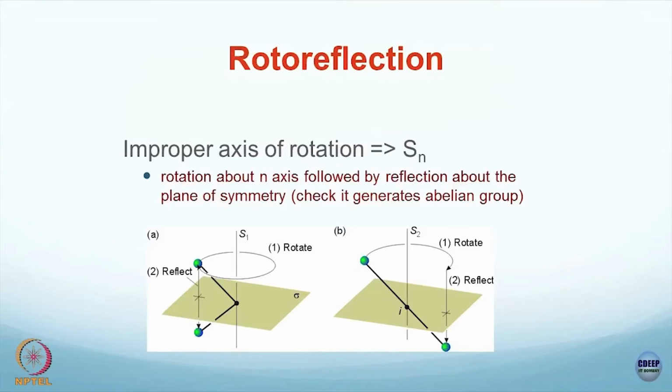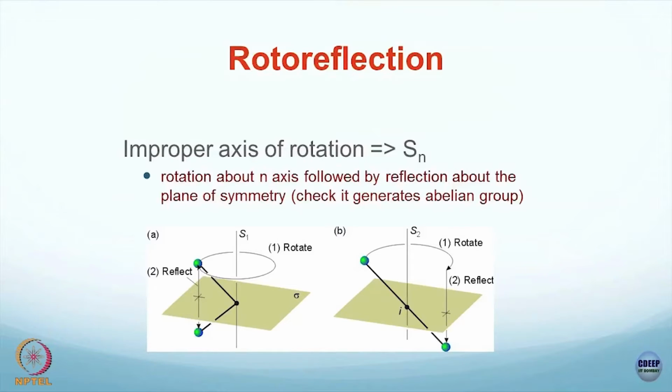The plane of symmetry is perpendicular to the axis of rotation. What is that plane called? Sigma h. If this is the axis of rotation, the plane perpendicular to the axis of rotation, we call that plane a sigma h plane.